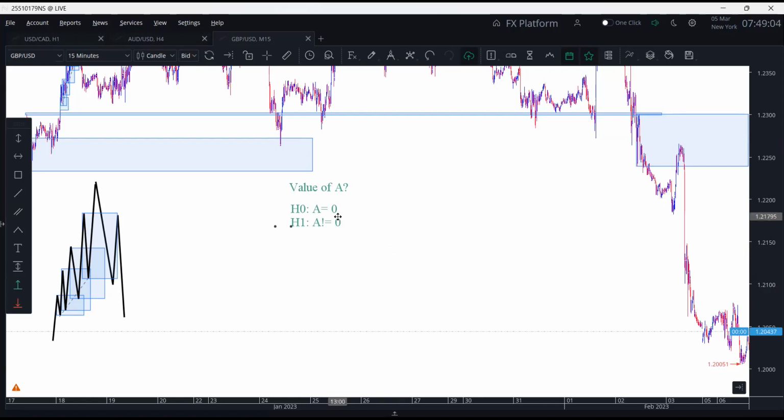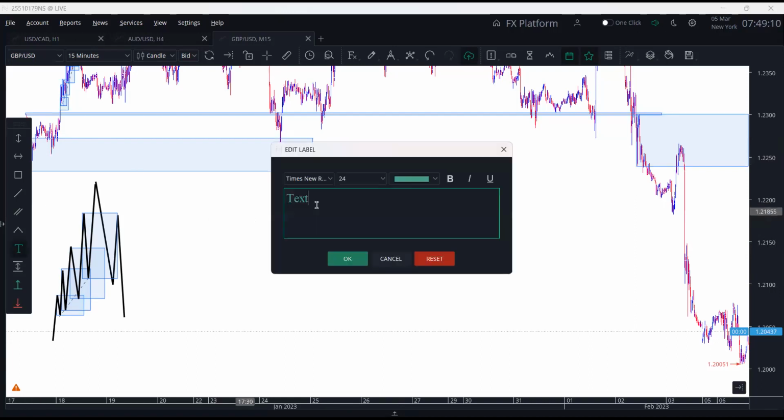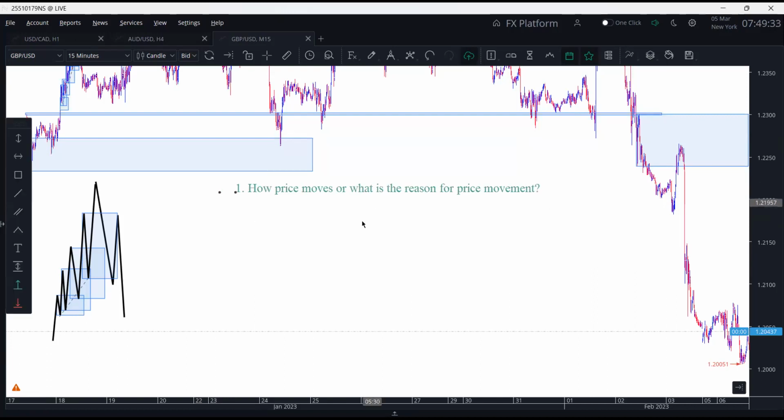So in the market, we have two major questions. The first question is: how does price move, or what is the reason for price movement? This question has been answered in articles and research.